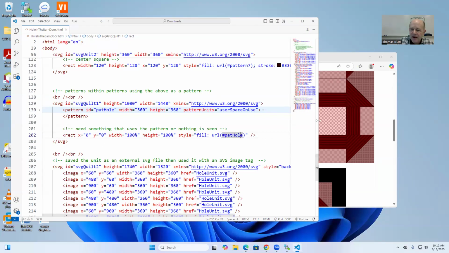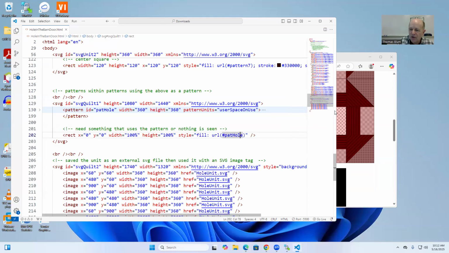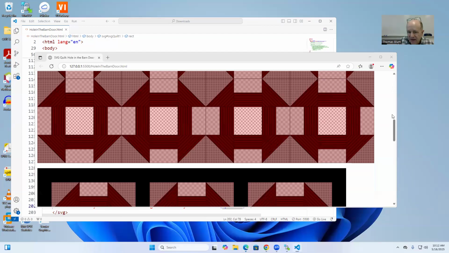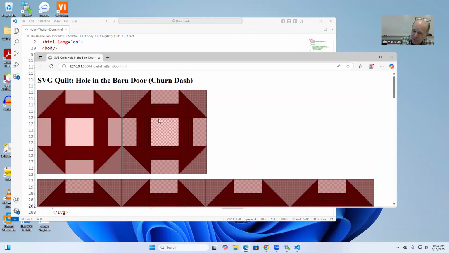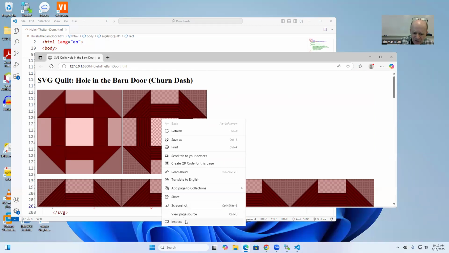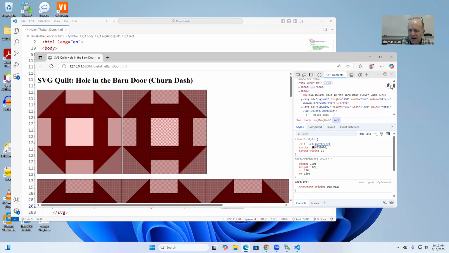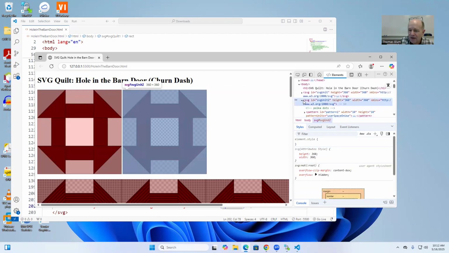Then I took a different approach on the bottom. I took this first pattern up here, went to inspect the page, and found that SVG, the second one here.